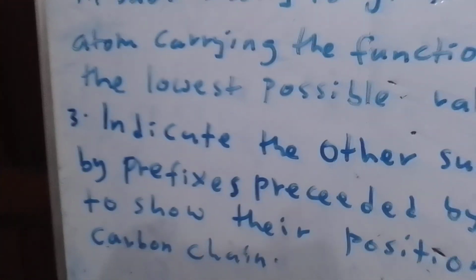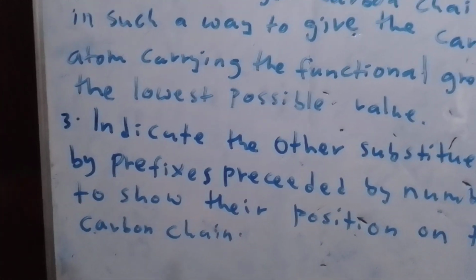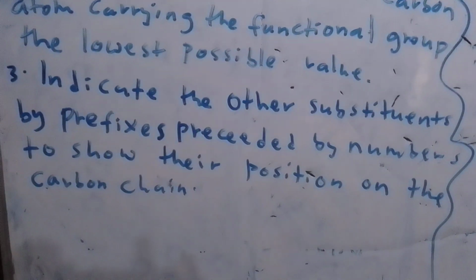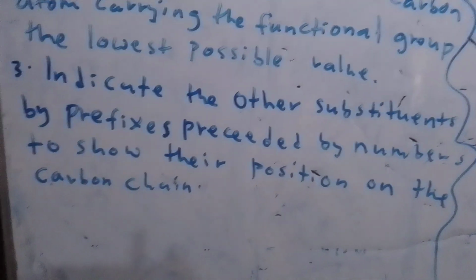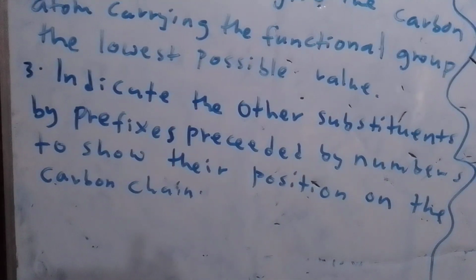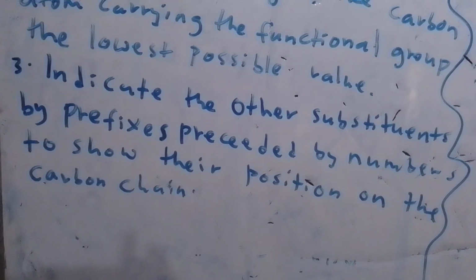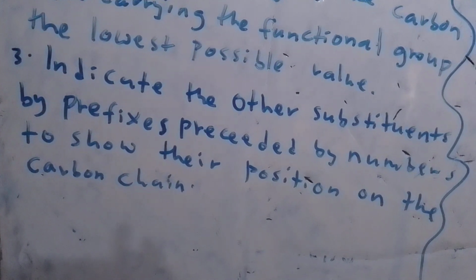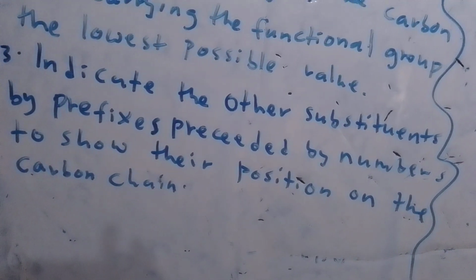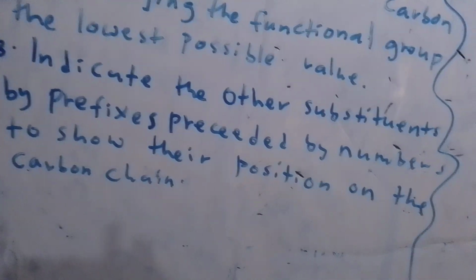Now let's look at the third rule. Indicate the other substituents by prefix preceded by numbers to show their position on the carbon chain.